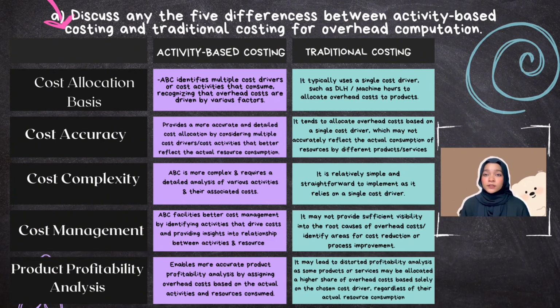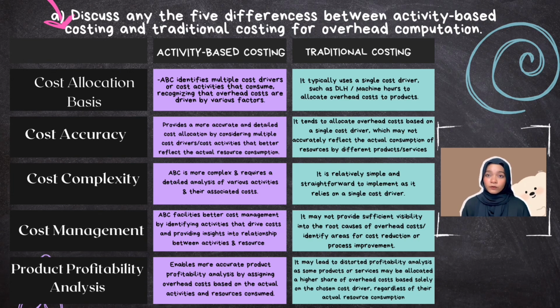For traditional costing, it typically uses a single cost driver such as direct labor hours and machine hours to allocate overhead costs to products. This assumes that the primary driver of overhead costs is related to direct labor or machine uses. Second is cost accuracy.